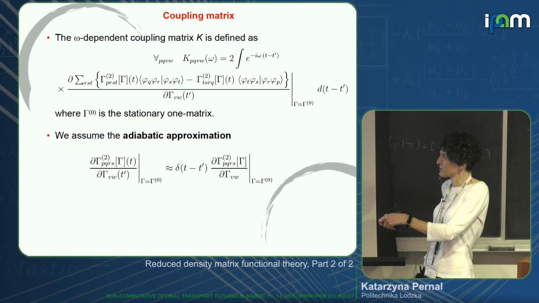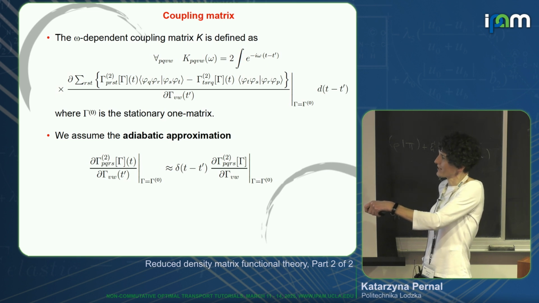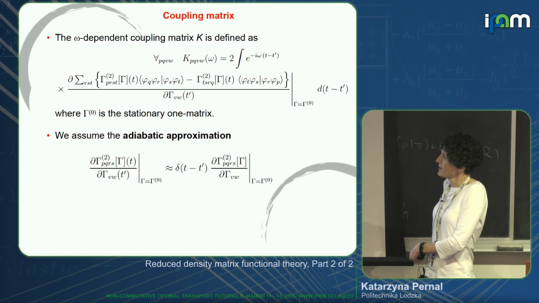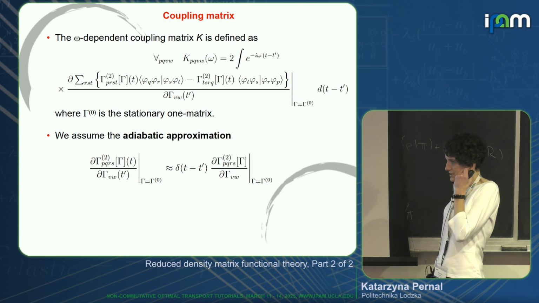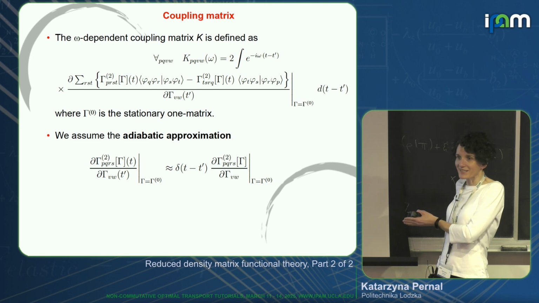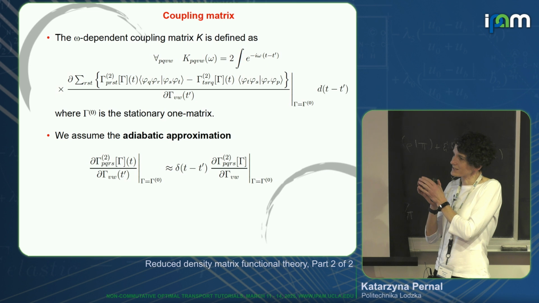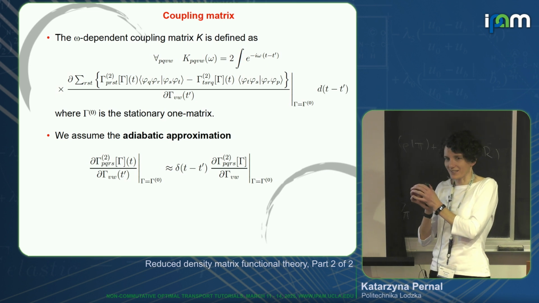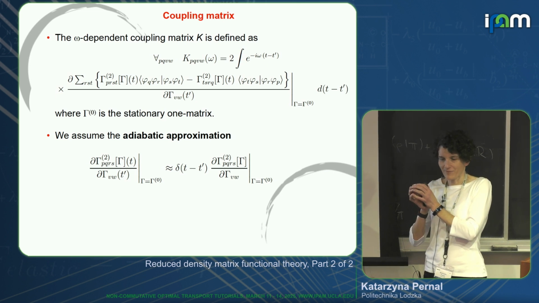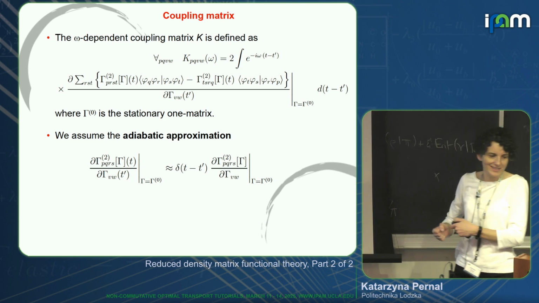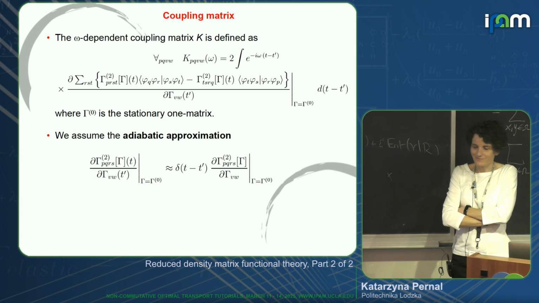It's really very drastic. We assume that this functional is local in time, in the sense that the whole time dependency is in this Dirac delta function. Physically, it means that we assume that the system evolves in time, but at each time t, the system accommodates or achieves a new stationary state. Then we are justified to use a stationary, time-independent functional.